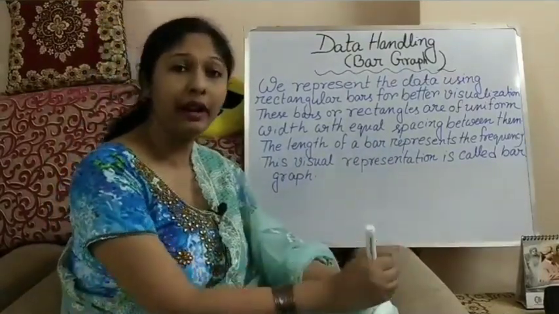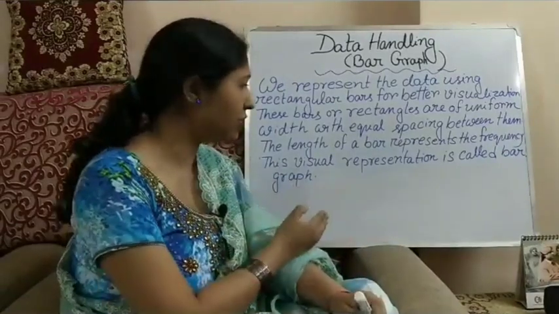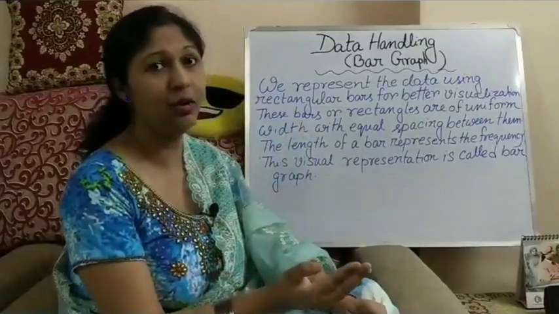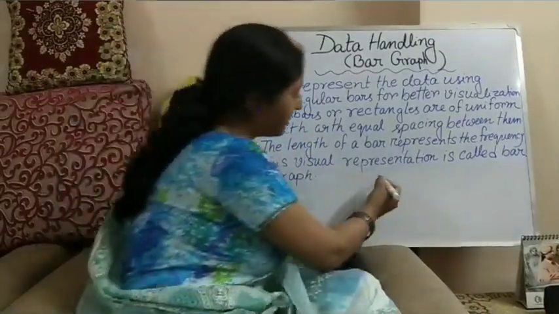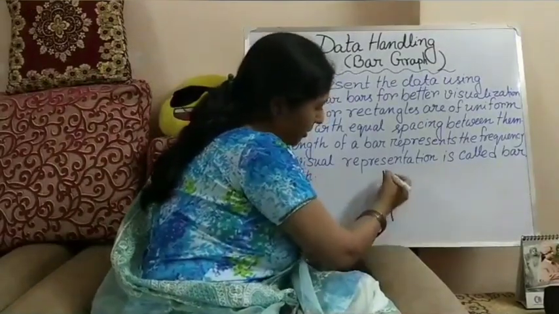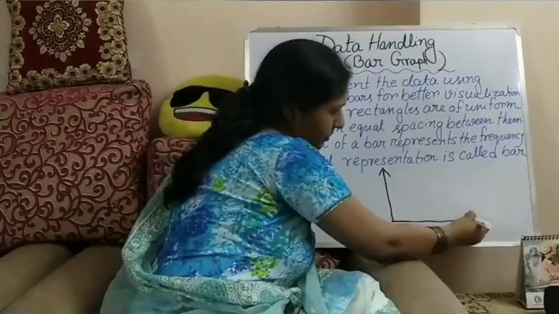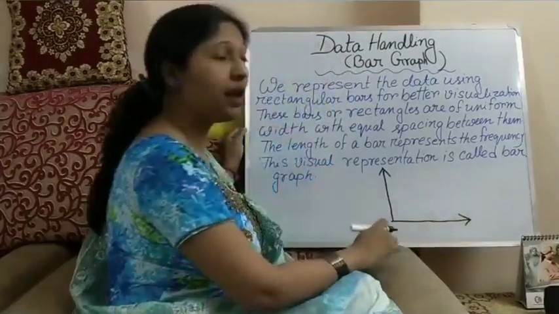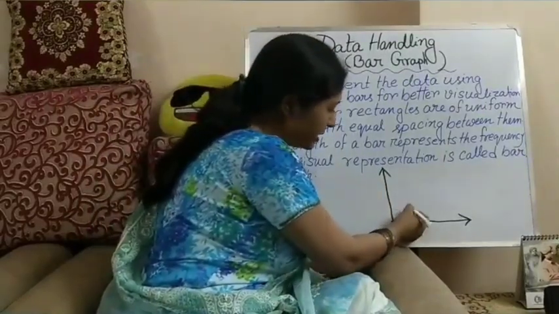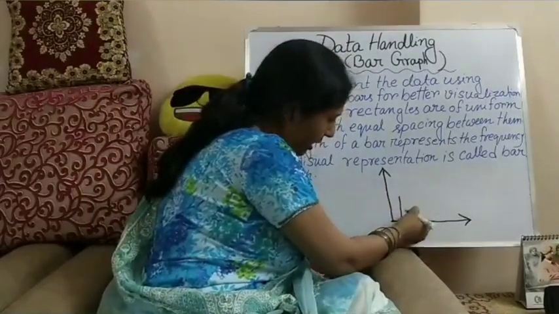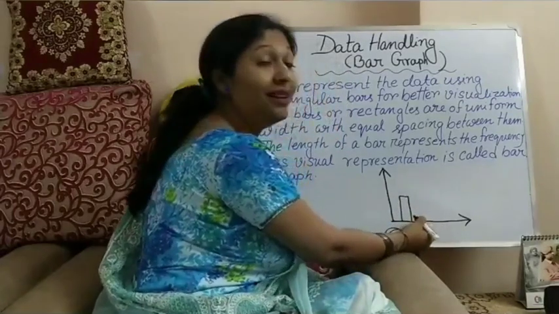We know that a bar graph we can show through vertical way or horizontal way. Let's see how we will draw that. Here I took two axes, and in those two axes I am drawing some rectangles.